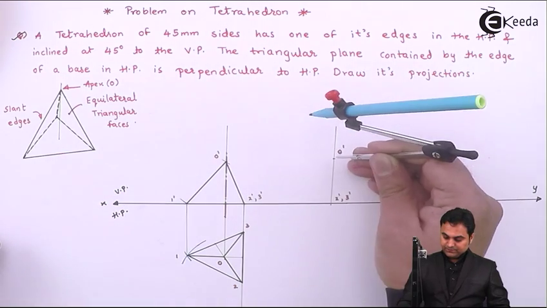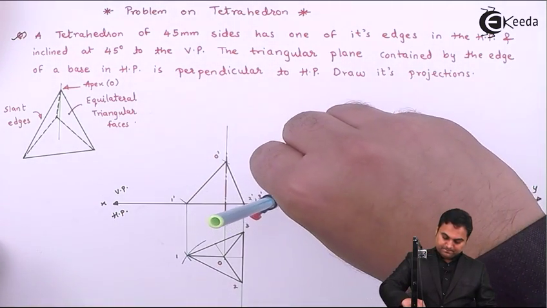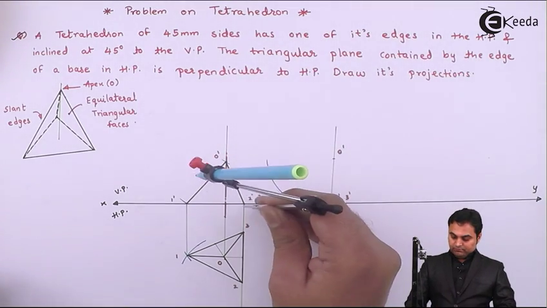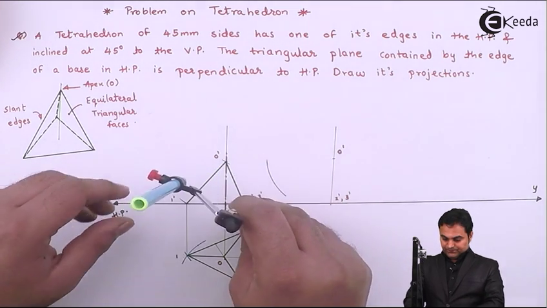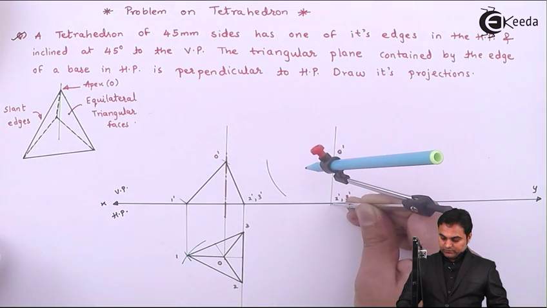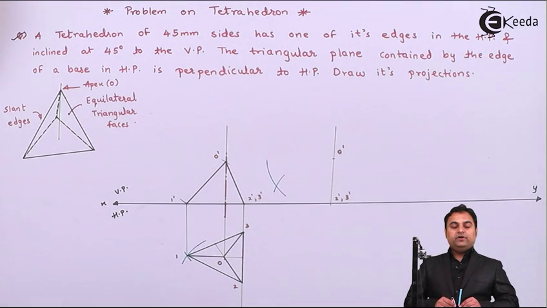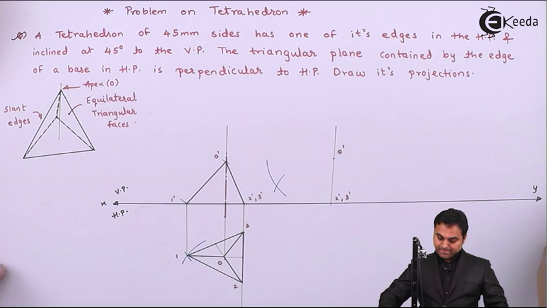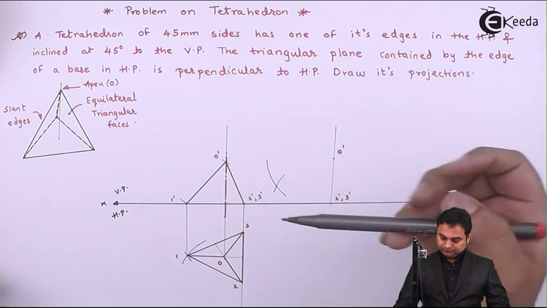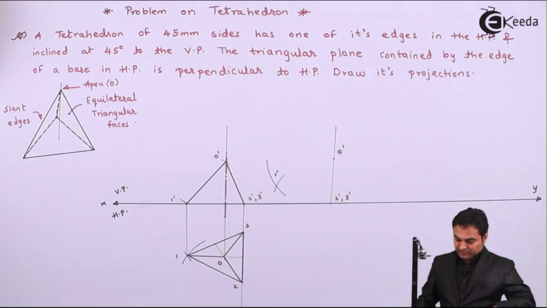I'll measure this distance and drawing a light arc. Then measuring the distance of the base from 2 dash 3 dash to 1 dash, keeping it over to 2 dash 3 dash, cutting this arc, so I get a point here. That point is 1 dash. So joining them with the help of light line first.